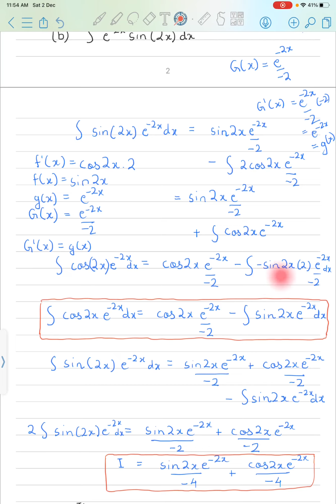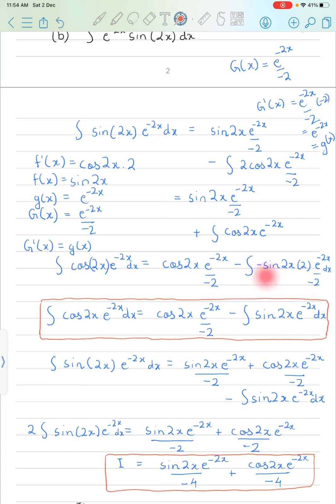In this case, f dash x will be the differentiation of this cos 2x. Cos differentiation is minus sine, so minus sine 2x, and then with the chain rule, the differentiation of 2x will be 2. Okay, so this is the formula, and then of course the antiderivative of e to the power minus 2x will be e to the power minus 2x by minus 2 dx.